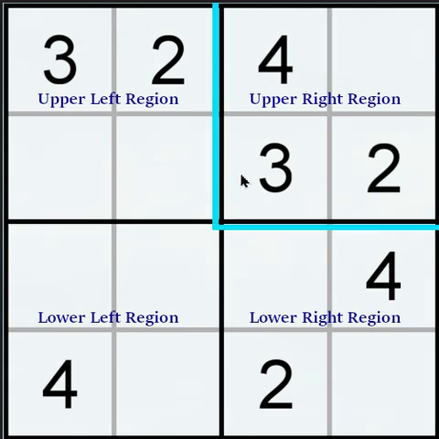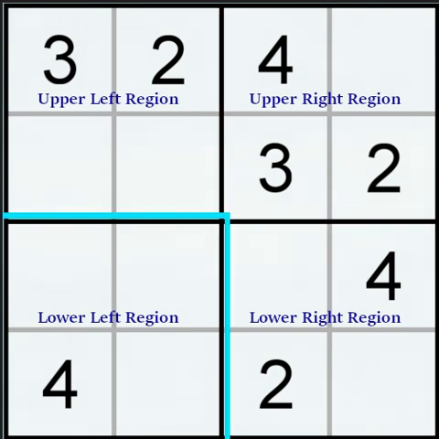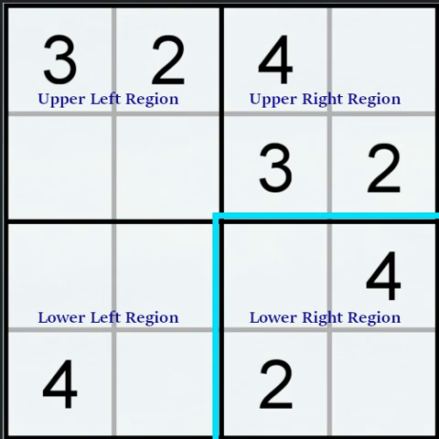The upper right region inside the small black box has a 4, an empty square, a 3, and a 2. The lower left region has an empty square, 4, and an empty square. Lower right region has an empty square, 4, 2, and an empty square.